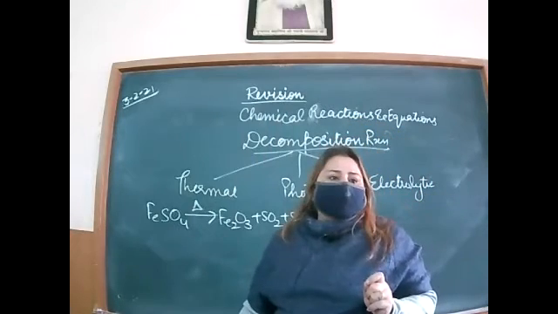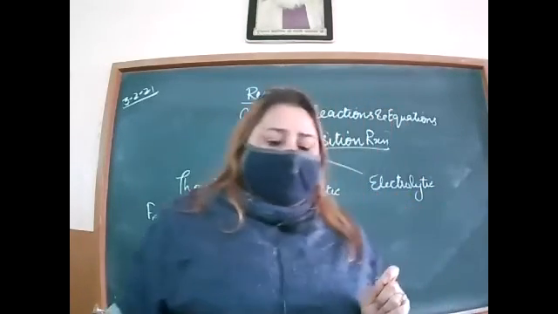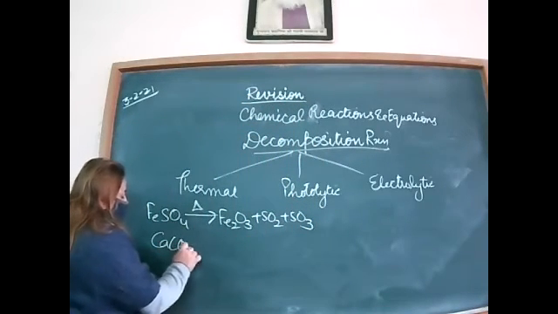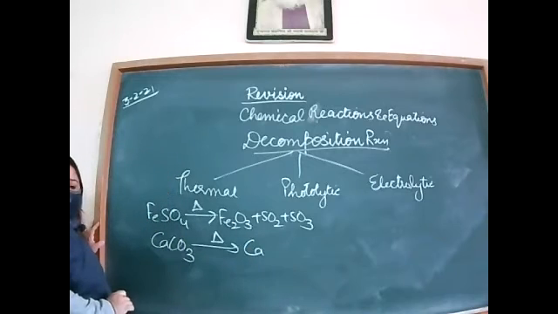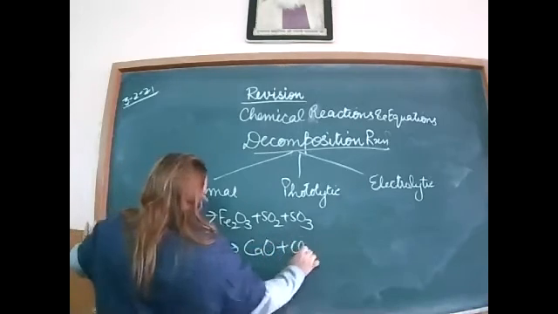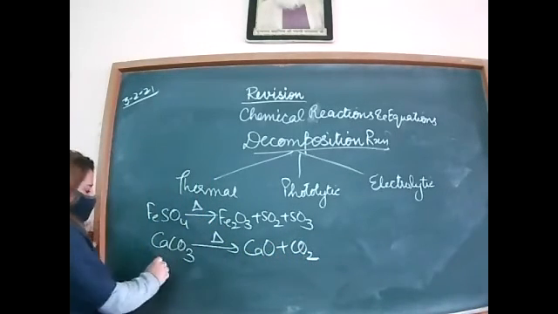Reddish brown fumes will be produced. We already discussed and saw this thing, right? Second equation, calcium carbonate decomposed, it will form calcium oxide plus CO2. Okay? Third equation, lead nitrate.